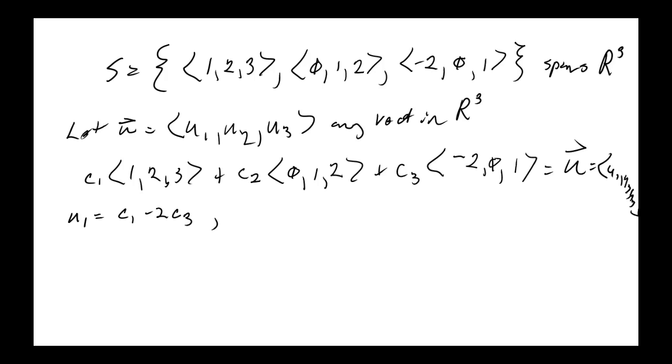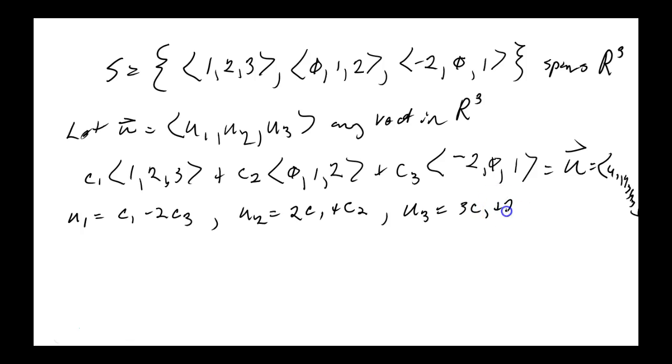And U2 would be 2C1 plus C2. U3 is equal to 3C1 plus 2C2 plus C3.